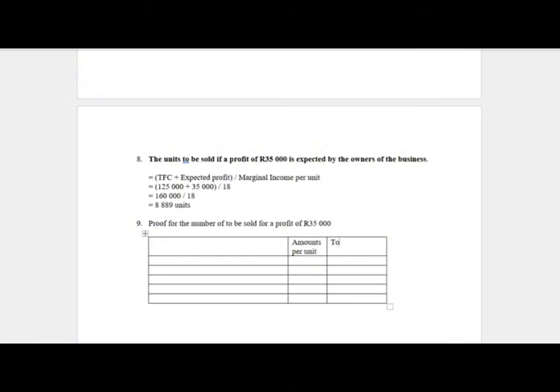All right, see. This side is going to be amounts per unit, and then this side is going to be total amount.